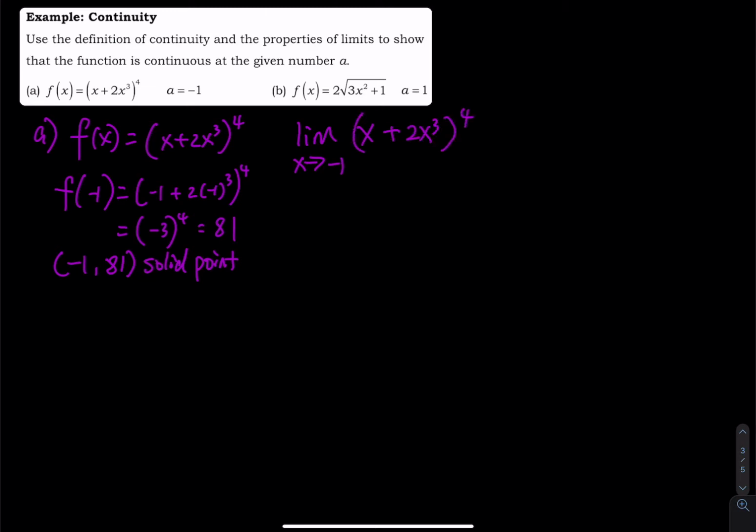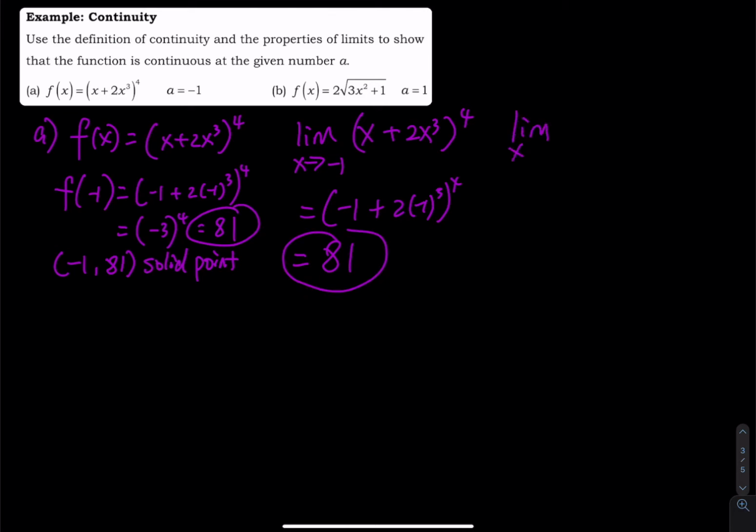Once you plug in -1, you have (-1 plus 2 times (-1) to the third) to the fourth, so that is equal to 81. And then these two are equal. So we just showed that the limit as x approaches -1 of f of x is equal to f of -1. So that means in f of -1, we have a solid point at (-1, 81).